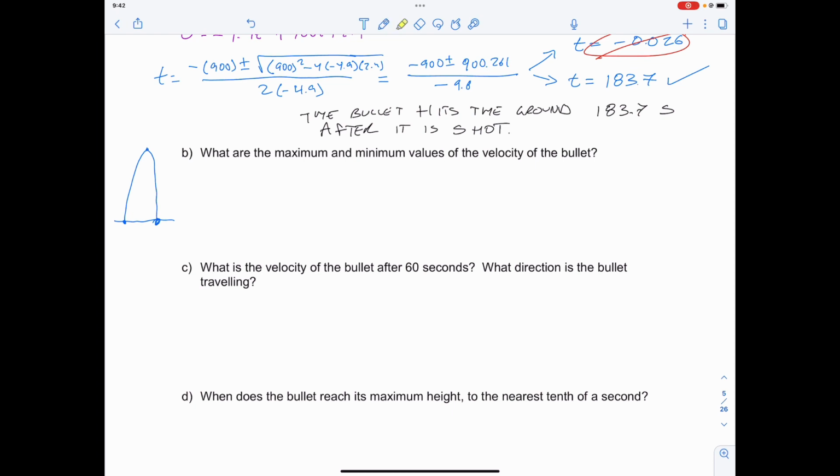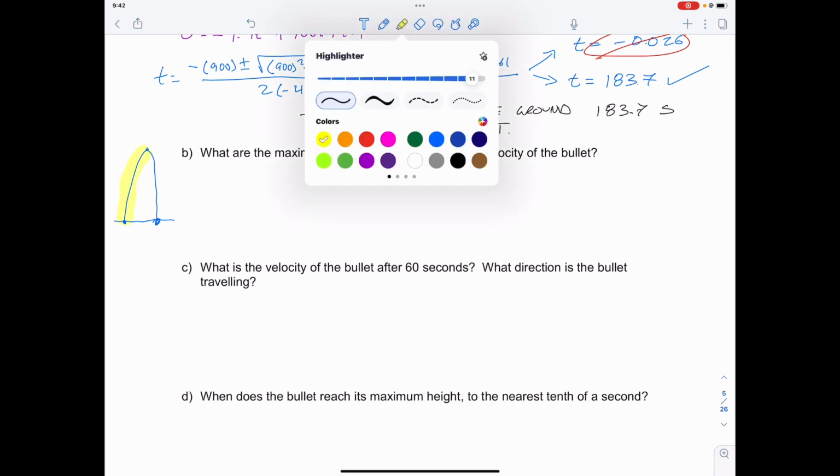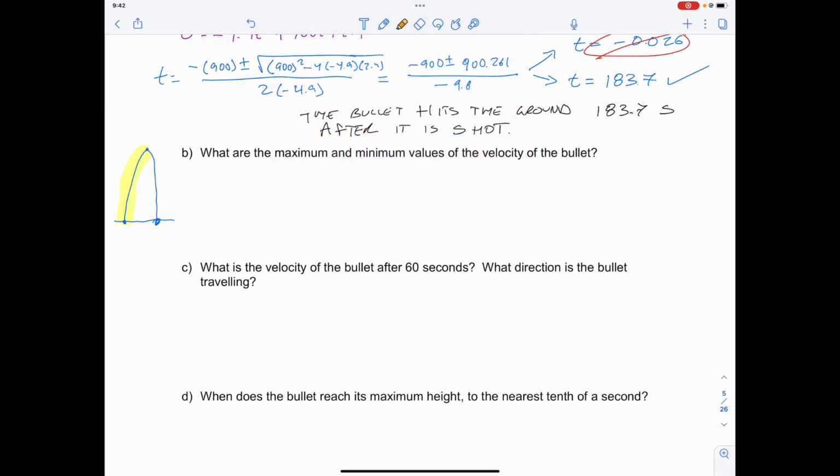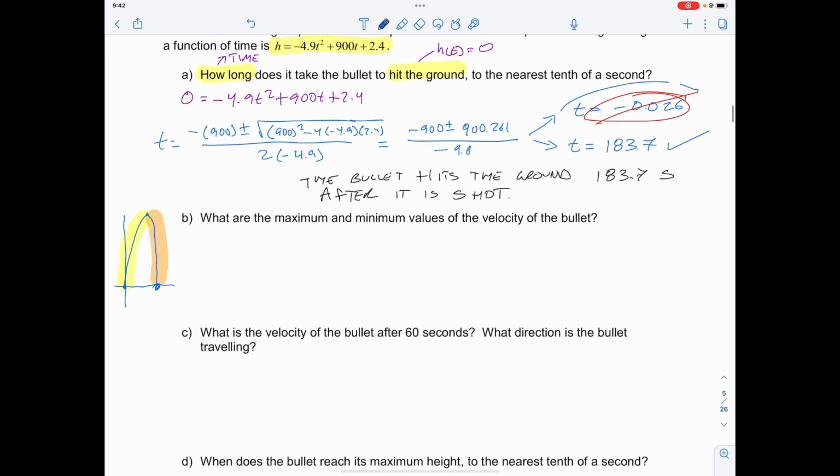So we can see that's going to split into two sections, when it has the positive velocity and where it has the negative velocity. And remembering that it was shot not from the ground, it was a height just above the ground. That's how we know that the initial intercept was not at 0.